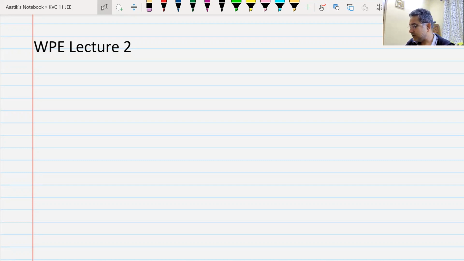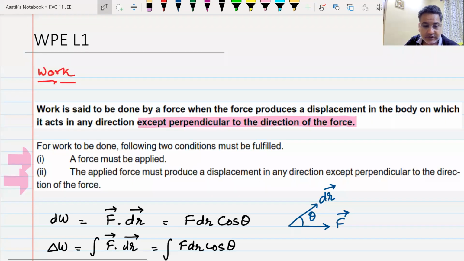We had seen work done is the dot product of force with displacement, or the integral of F dot dr. If force is constant, we can find it directly: the dot product of force with displacement will give us the work done. Do we remember this? Yes or no?